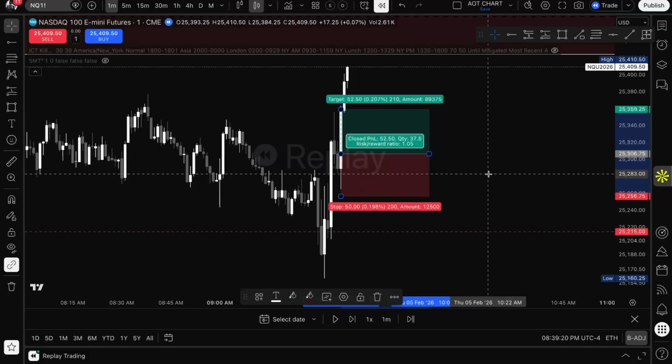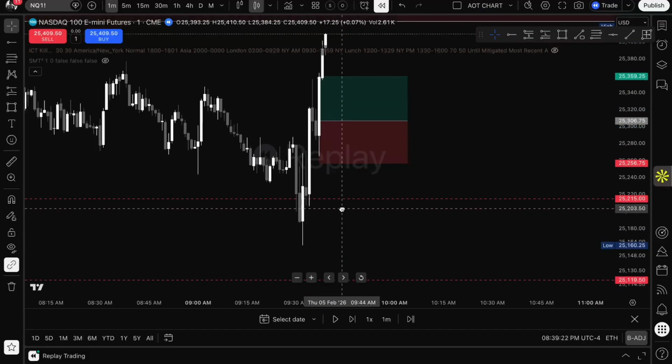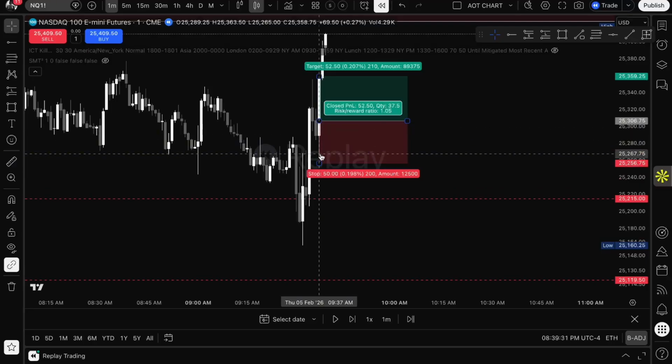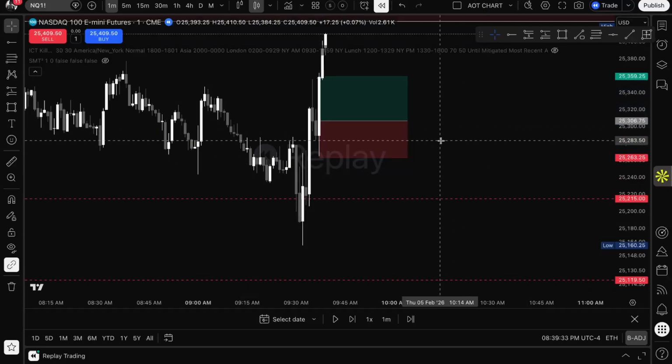This is another form of a continuation, and also another reversal sequence, because we get 1, 2, 3, 4, 5, 6. On the sixth candle, we disrespected it and went higher.